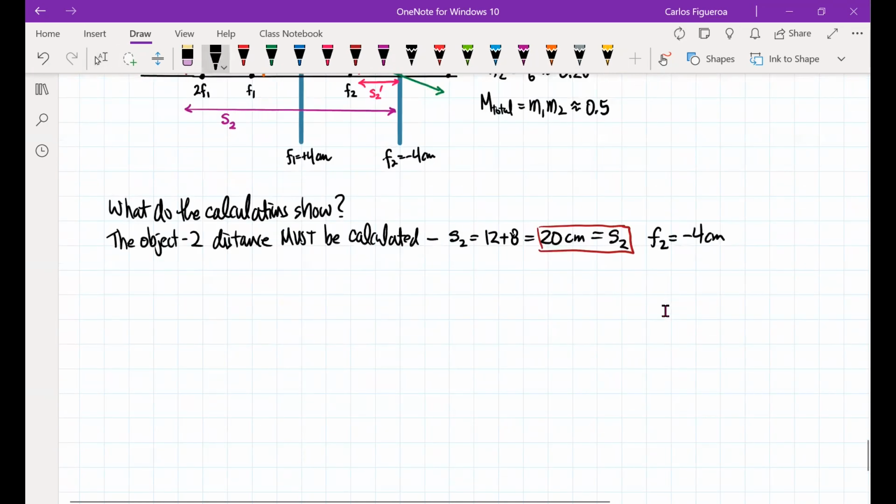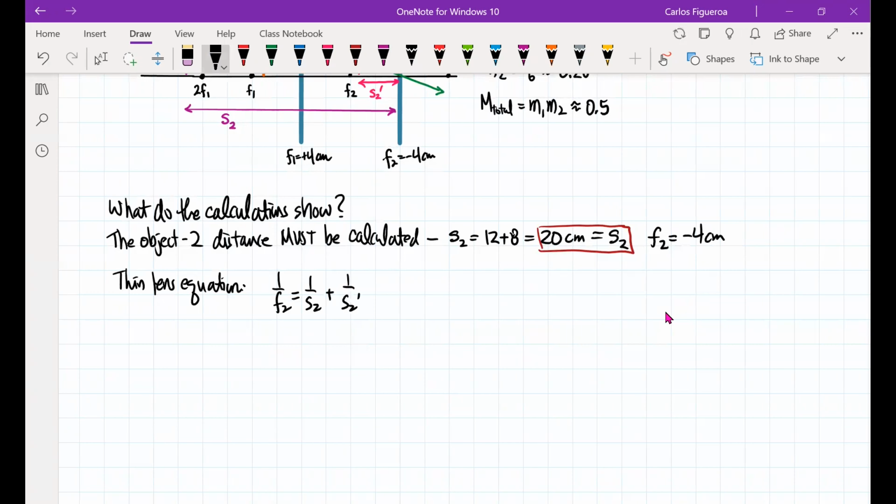So let's go do that. I'm going to start off with the thin lens equation. If I look at the thin lens equation, it says that I have F2, S2, S2 prime. Now I'm going to solve for S2 prime. This should be S2 times F2 over S2 minus F2.